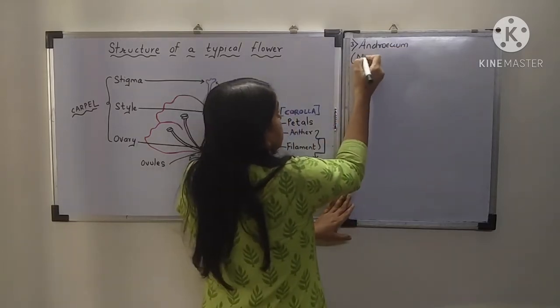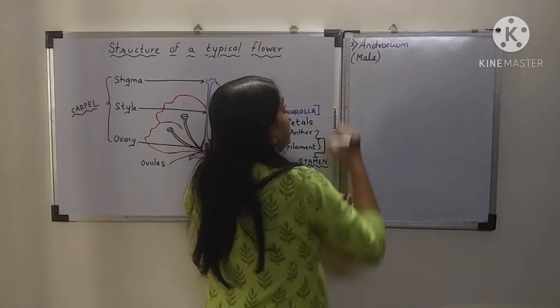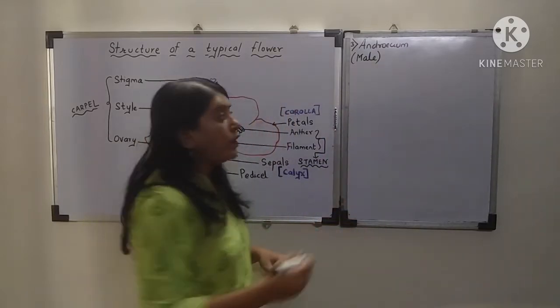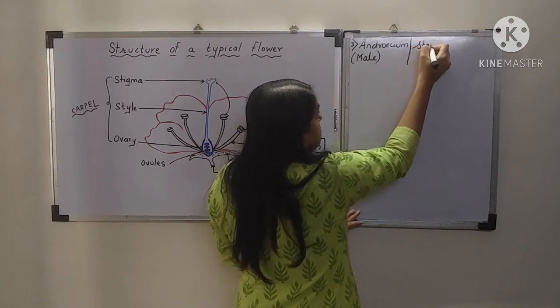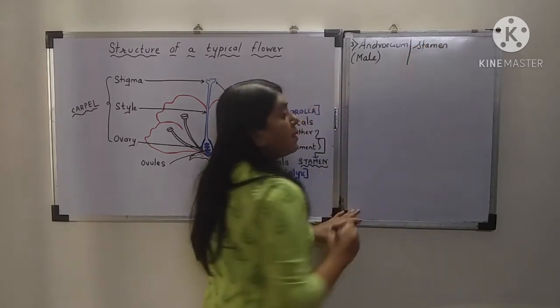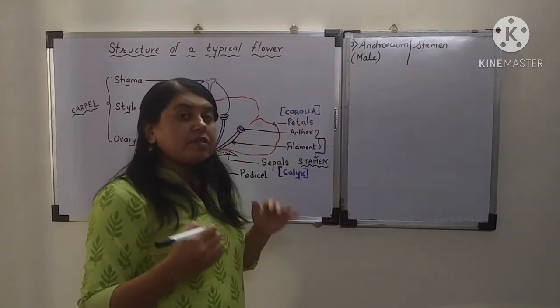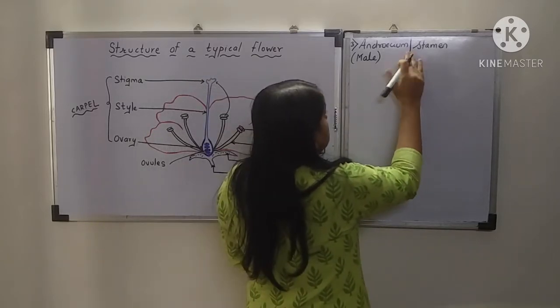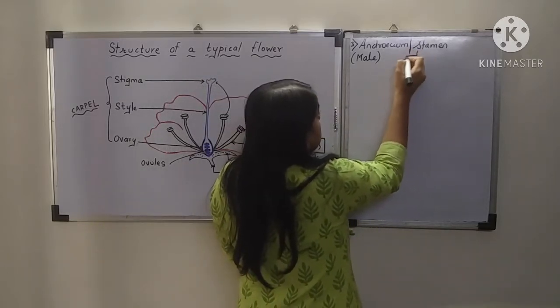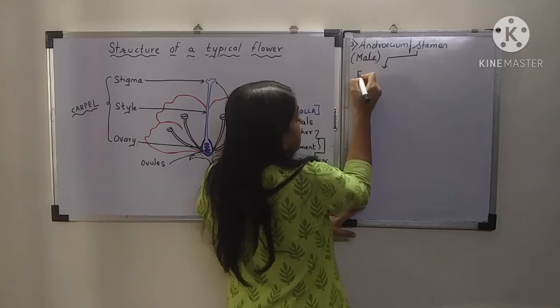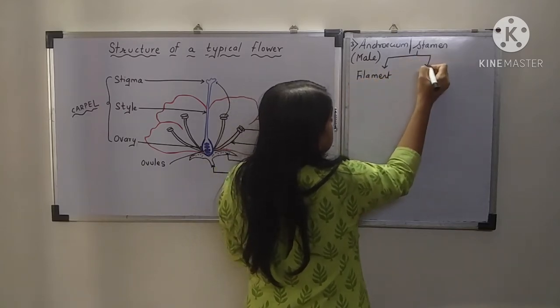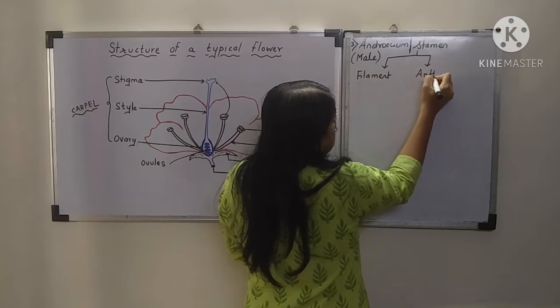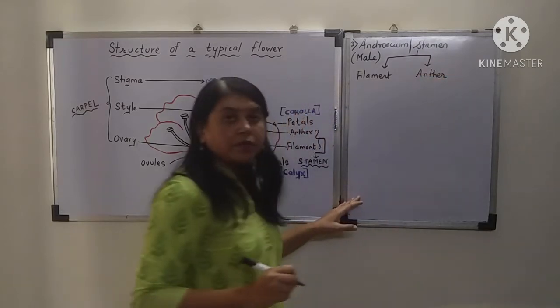Androecium is the male reproductive whorl of the flower. Individual member: stamen. Stamen consists of two parts, filament and anther.